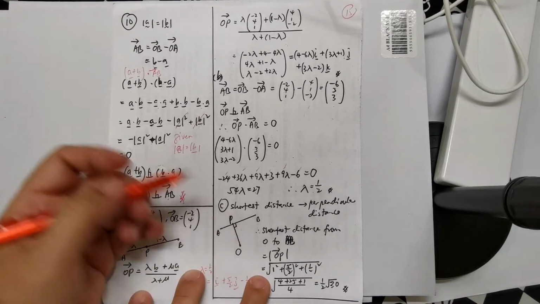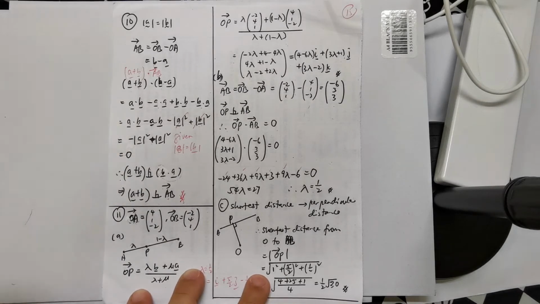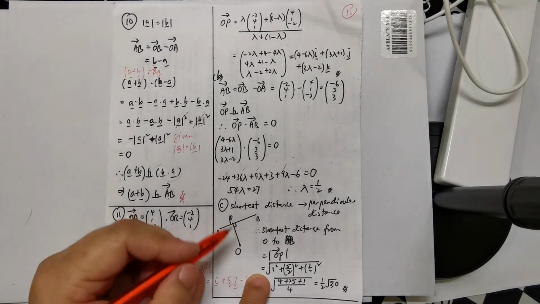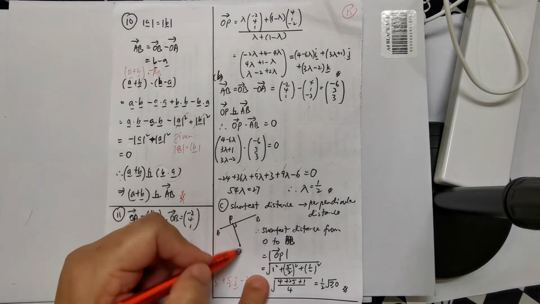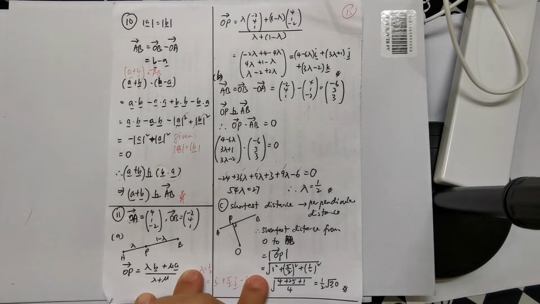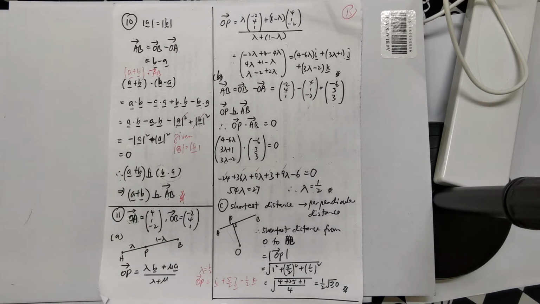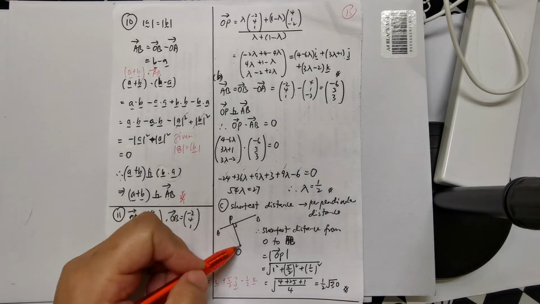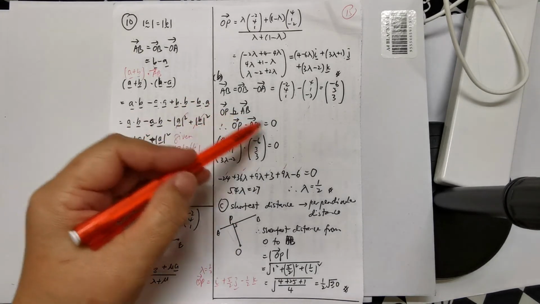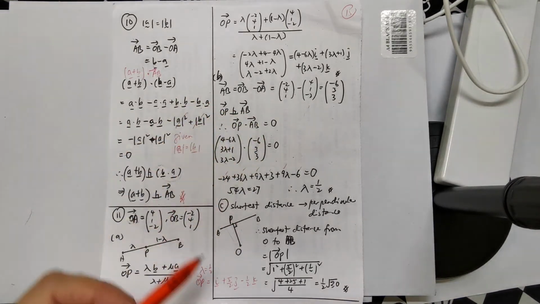As you have learned in chapter 5, the distance from O to AB can be many, but the shortest one definitely is the perpendicular distance. Remember this concept. So the shortest distance from O to AB is the same as OP, because just now we already confirmed OP and AB are perpendicular to each other.